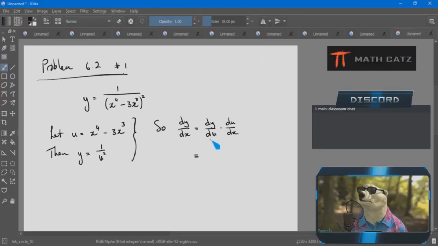The first one is the derivative of y with respect to the variable u. For that I look at the square, the outside function. Maybe I want to see it as u to the negative 2, so that I can easily apply the power rule: negative 2 u to the negative 3.